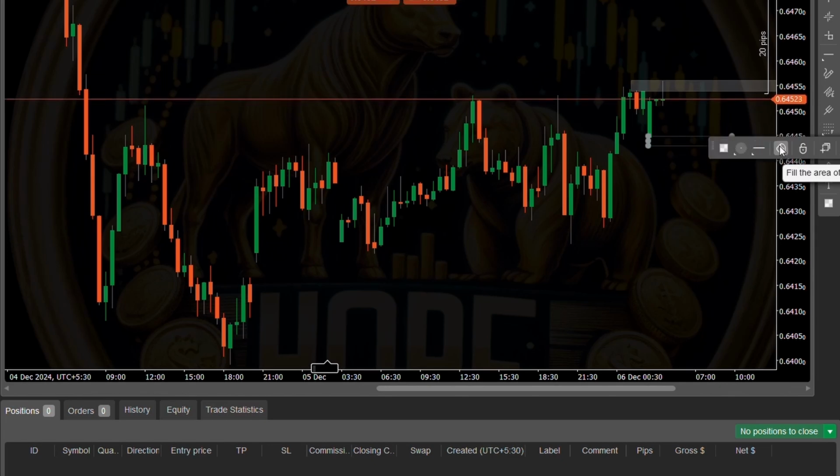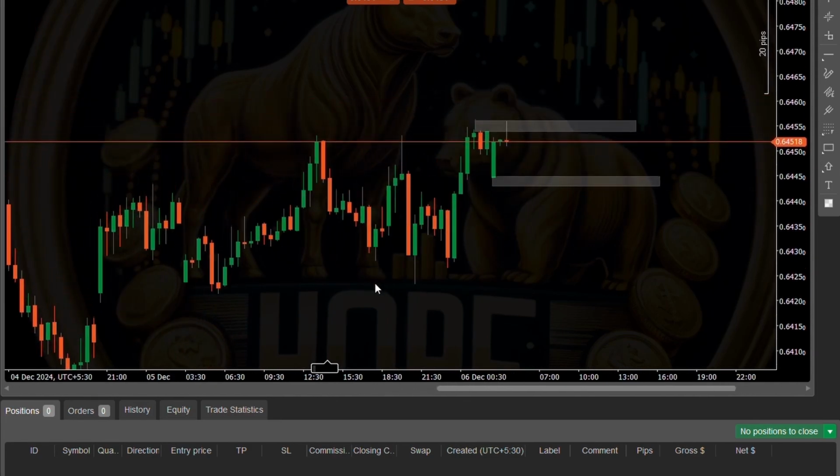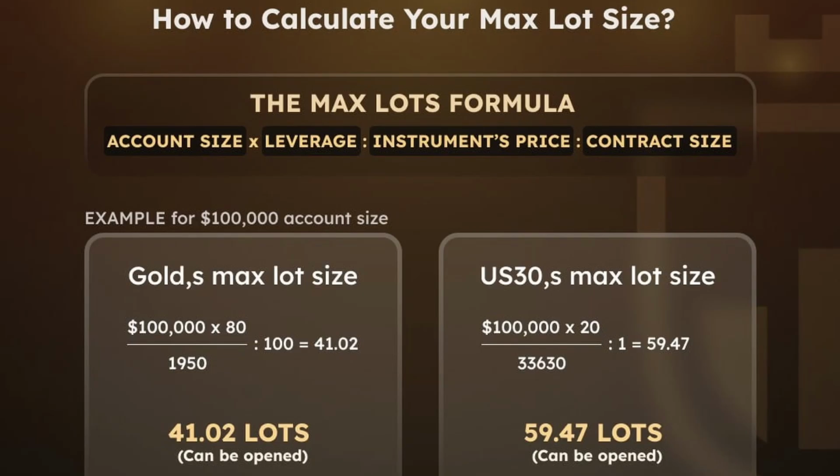Moving to the first question, the formula. See, this is the formula for calculating your lot size according to your risk, but it is not applicable to all risk percentages. So what can we do? Firstly, we have to calculate the max lot size. For calculating this, we have to know how much leverage your broker gave you.